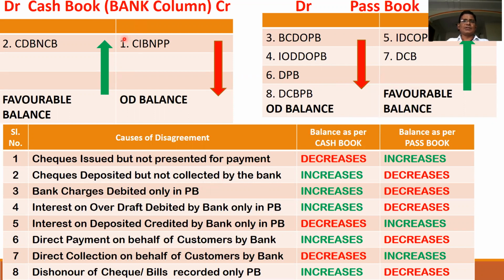Whenever a check is issued, you see the first point here, the cash book bank column is credited. Whatever you credit in the cash book bank column, the cash book balance decreases.